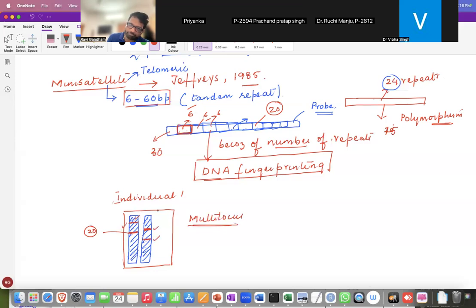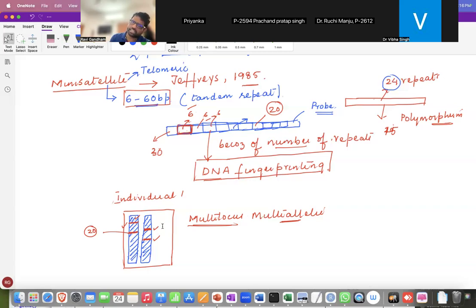Is that okay? Understood, right? Multi-locus, multi-allelic. What does this mean? Means at the same locus that we are considering, listen to this very carefully, guys. I'm telling you, very important, and you should understand this. Why is it multi-locus?